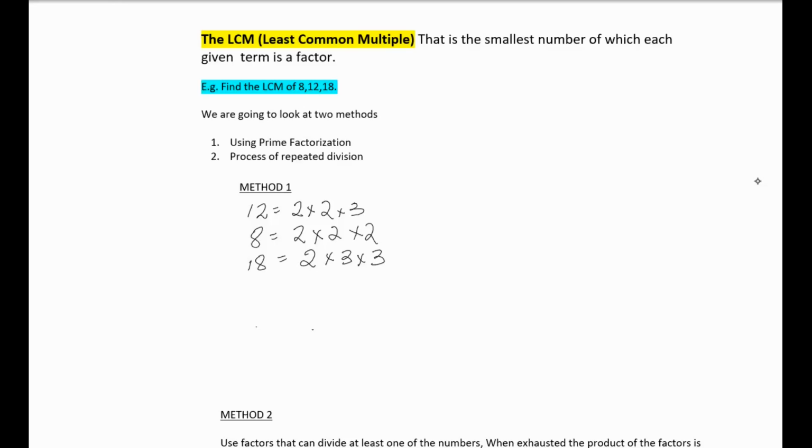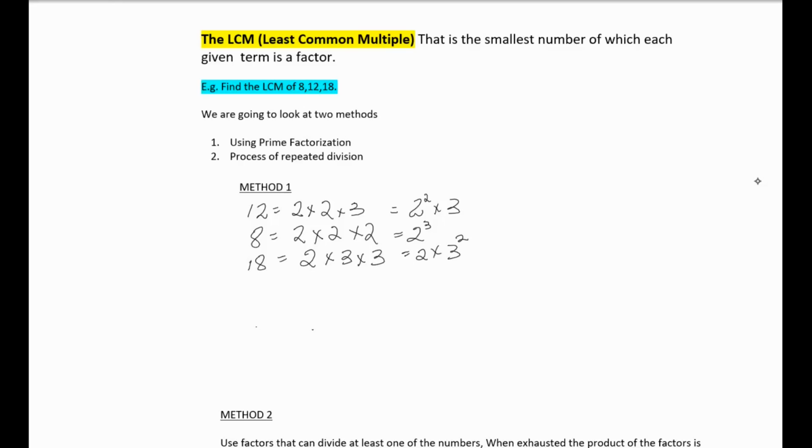If we write this in index form, it will be easier for us. So this is 2 to the second power times 3. This is 2 to the third power. This is 2 times 3 to the second power.